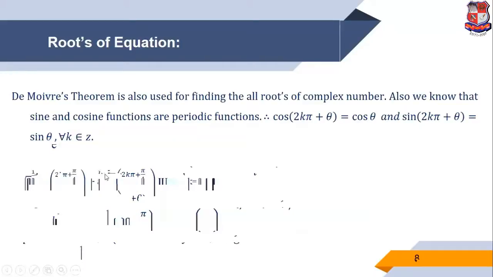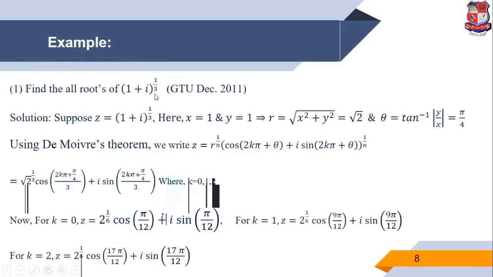Here 1 upon n, so n is equal to 3. The complex number given is 1 plus I, so x is 1 and y is 1. We find the modulus, so r is root of x square plus y square, that means root 2, and theta is tan inverse y by x, so tan inverse 1 is pi by 4.